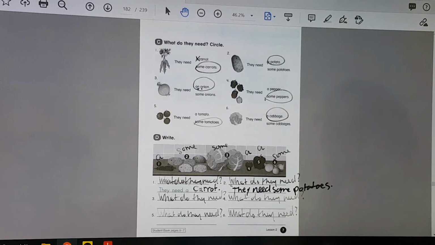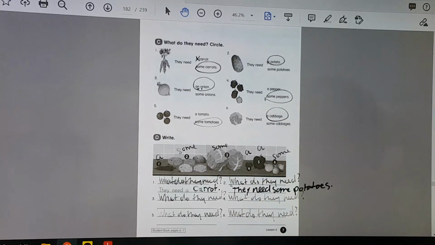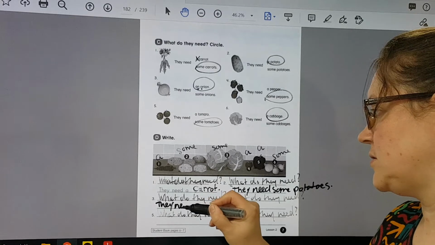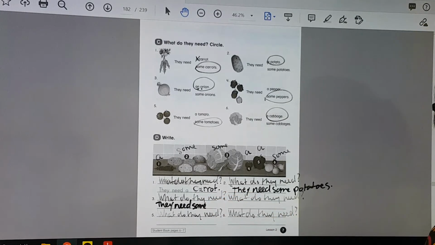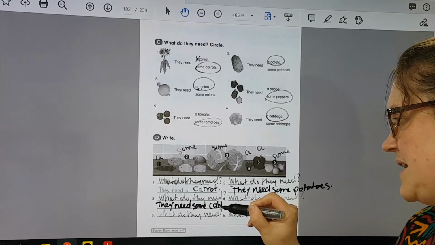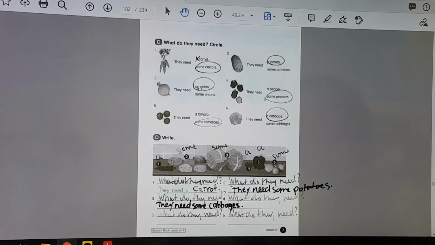Number 3, what do they need? Very good. They need some cabbages. How do you spell cabbages? C-A-B-B-A-G-E-S, period.